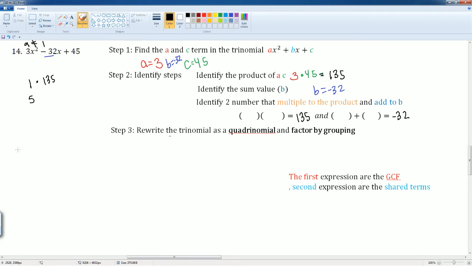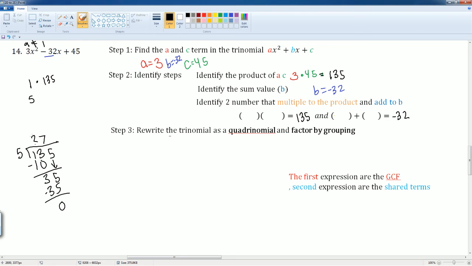I don't know what this is, so I'm just going to do the division using long division. 5 goes into 135. 5 goes into 13 how many times? Looks like 2. 2 times 5 is 10. 13 minus 10 is 3. Bring down the 5. 5 goes into 35 how many times? 7 times. 7 times 5 is 35.